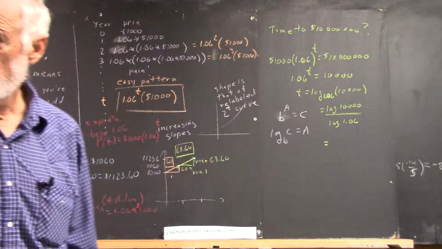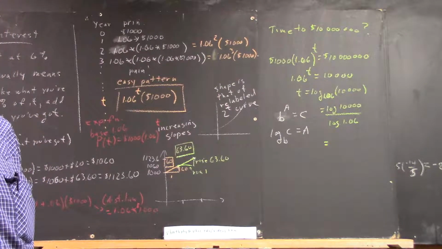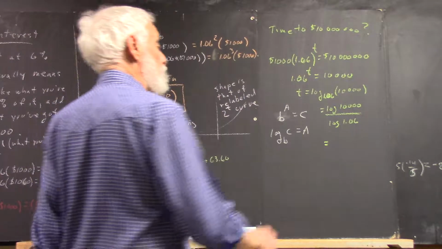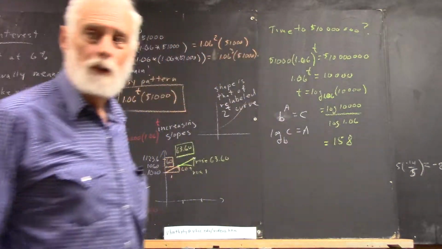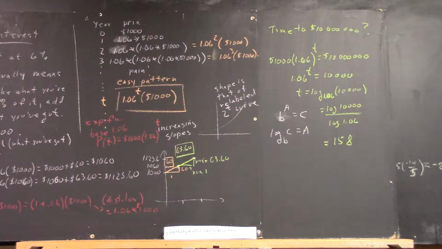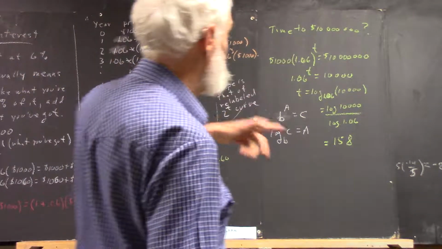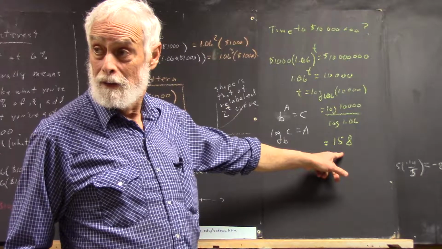So what do you get when you divide it out? 158 years. That's less than half the time it took our $100 investment to get to 10 million at 4%. So going from 4% to 6% cuts the time about in half.